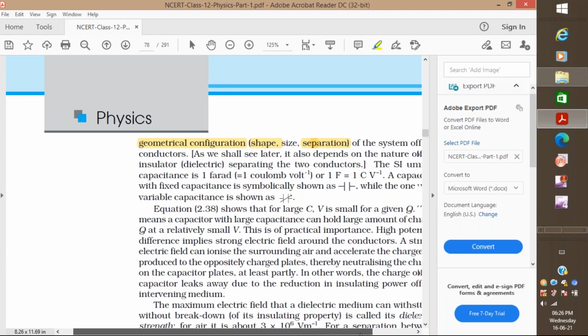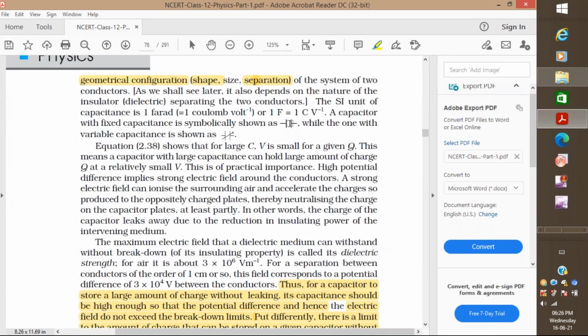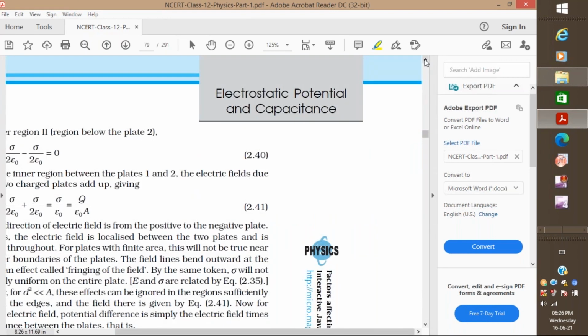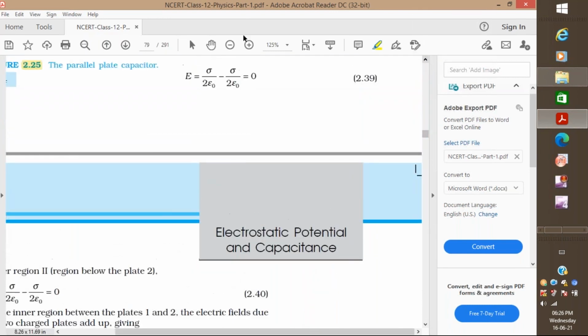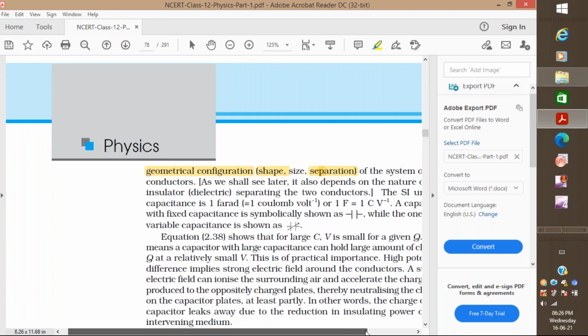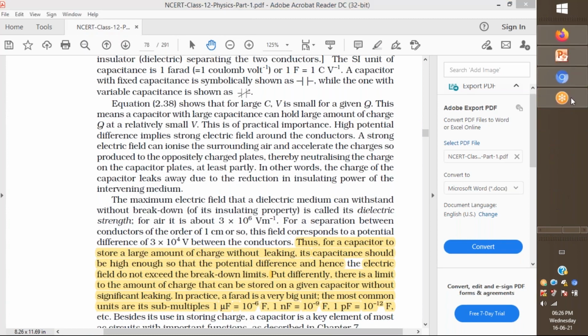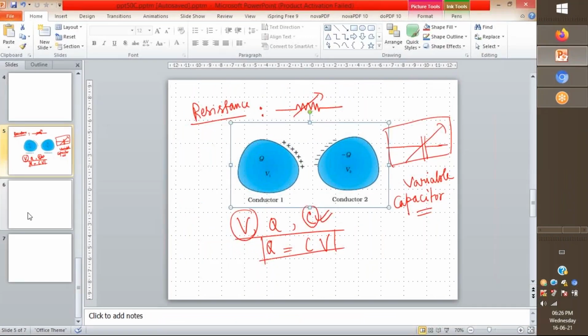So here I have given you the circuit symbol. The capacitor has an SI unit, the farad. What is a farad?